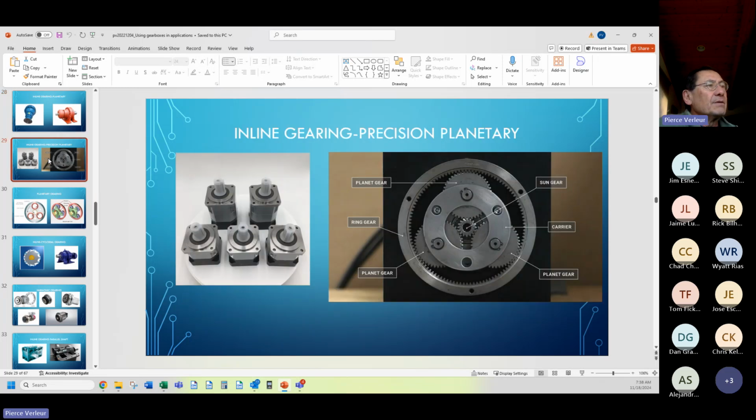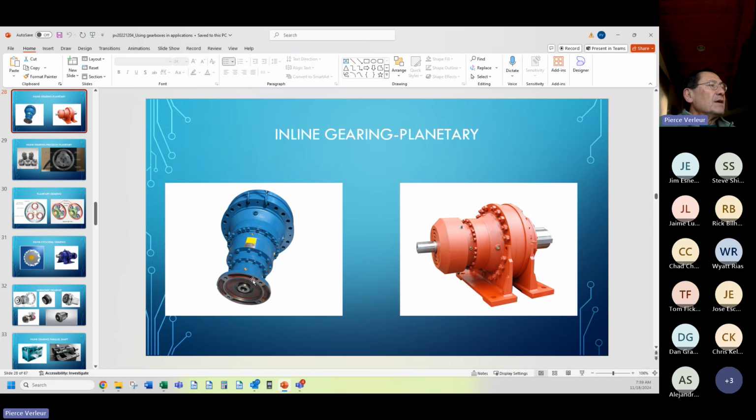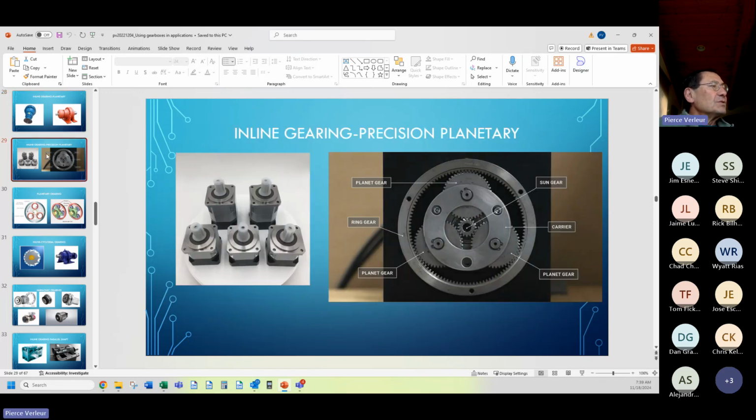A very interesting type of gearing is called planetary gearing, where it's one of the inlines, okay? Input shaft, output shaft, but the inside is always very interesting because you drive this gear here, which drives these gears here simultaneously, obviously. Sun gear, planet gear, this is called planetary gearing.